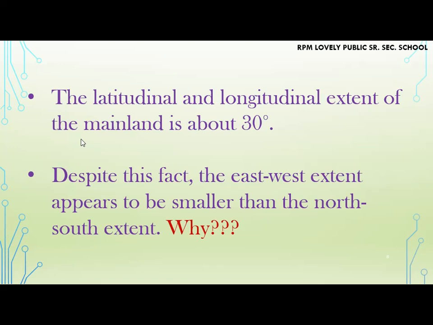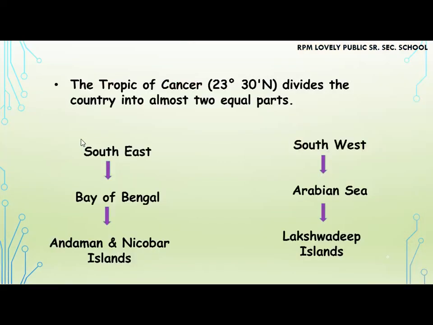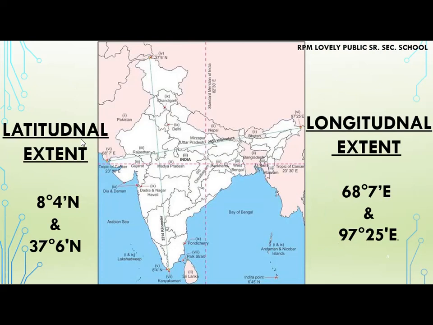Let's move to some previous slides. Children, here you can notice that the latitudinal extent and the longitudinal extent of India are around 3000 km. But can you see that north-south extent appears larger than the east-west extent?